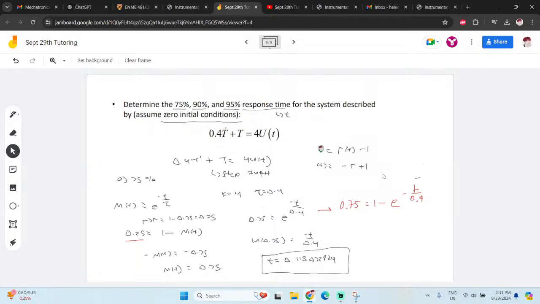So here you consider 0.25. I think that should be 0.75.